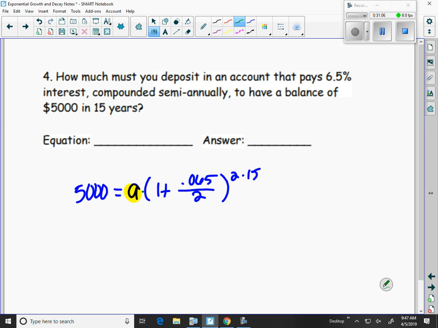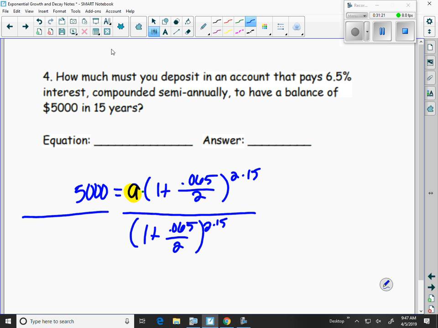Okay. So, to get rid of the parentheses, we can just divide by it on both sides. So it will cancel out over here.